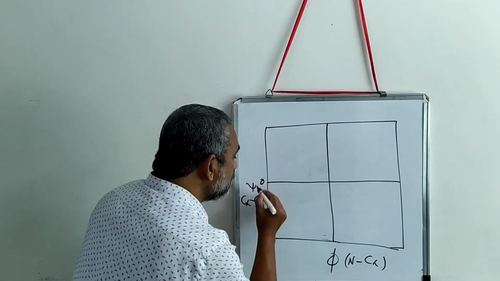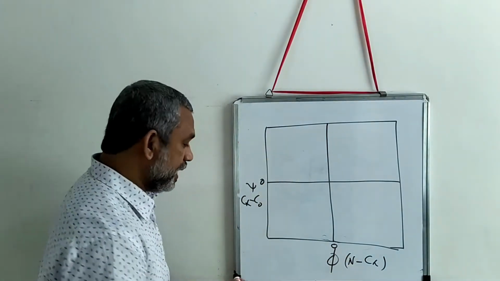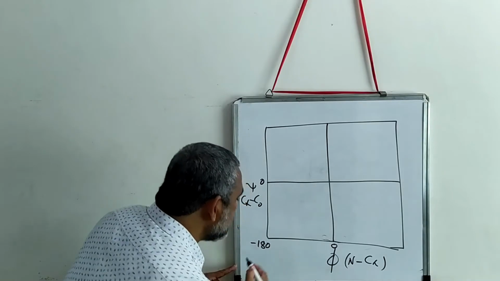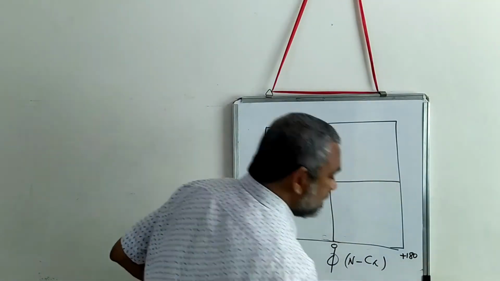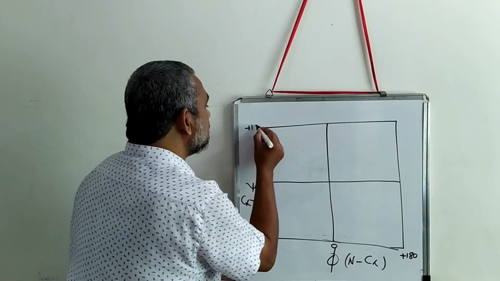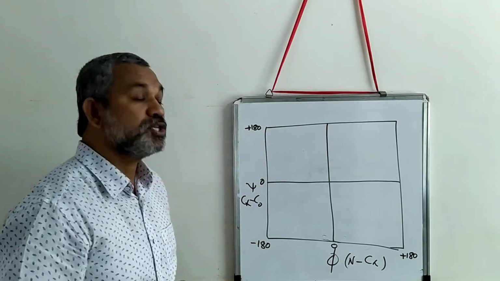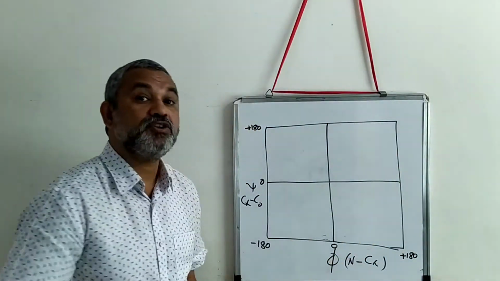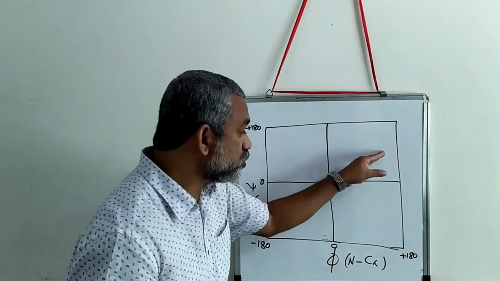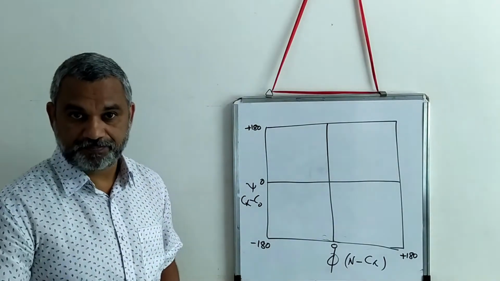It starts from 0, and this side will be minus 180 and this will be plus 180. Similarly, this will be plus 180. So this is how it is arranged, and it is divided into 4 quadrants: 1, 2, 3 and 4.